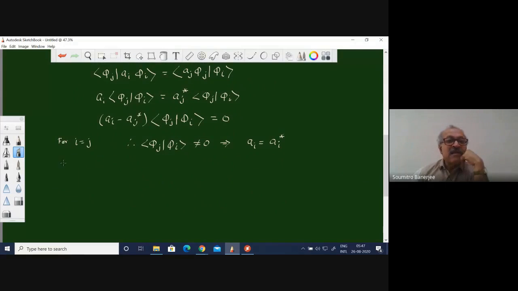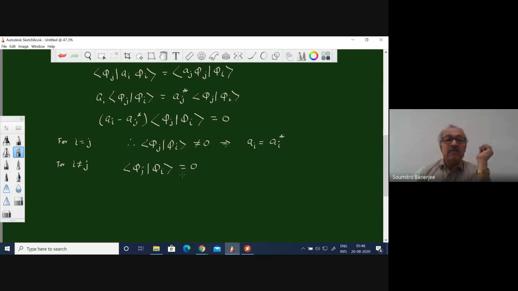The other implication is for i not equal to j. Then these are orthogonal, and therefore <φj|φi> should be equal to 0.